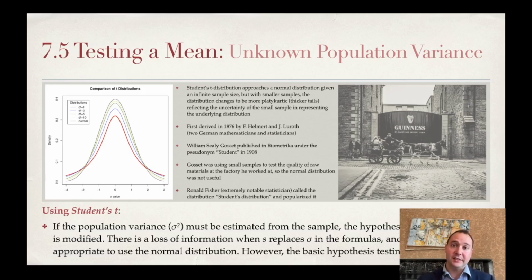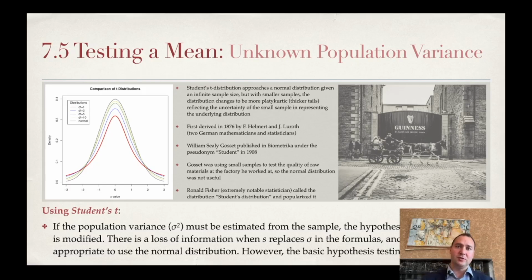It was actually discovered by a researcher at the Guinness factory in Dublin, Ireland. It was first derived in 1876 by F. Helmert and J. Lüroth, two German mathematicians and statisticians. However, William Sealy Gosset, an employee at Guinness, published in Biometrika under the pseudonym Student.